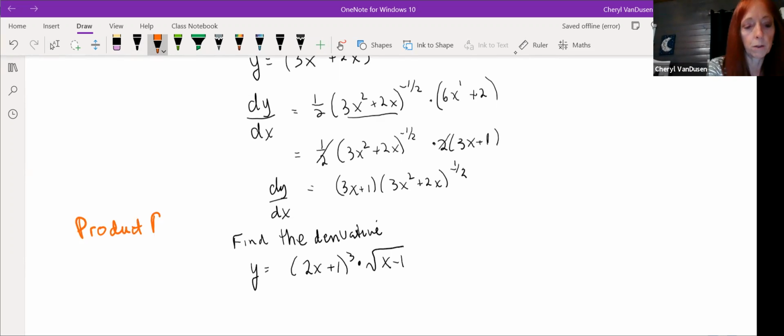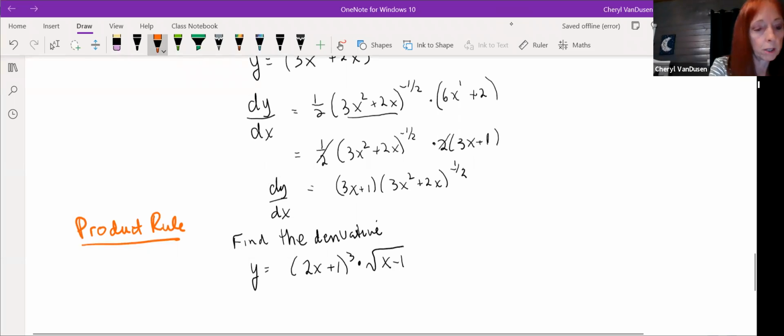And again, if you have your formula sheet handy, you'll see all these formulas. We decide that it's a product rule because we're multiplying things together. I'm just checking your formula sheet again to write it down exactly as they have it. So on your formula sheet, it says d dx of u times v.